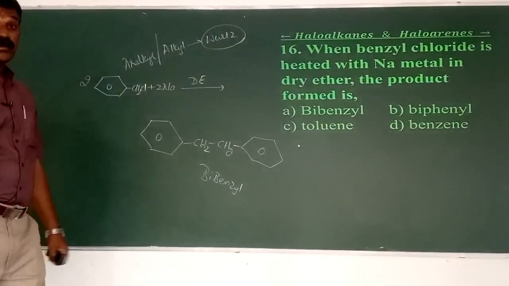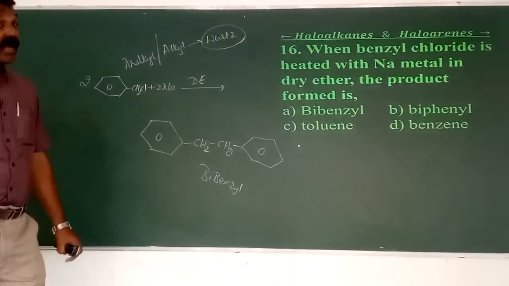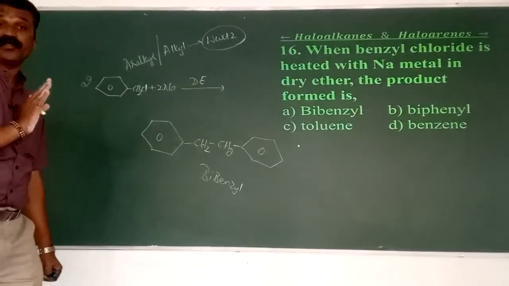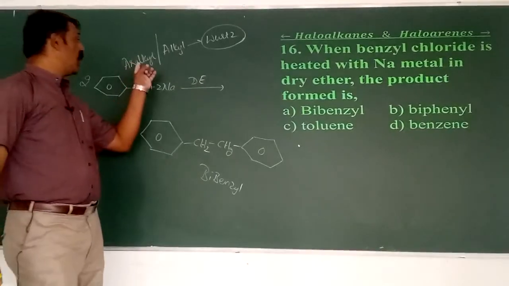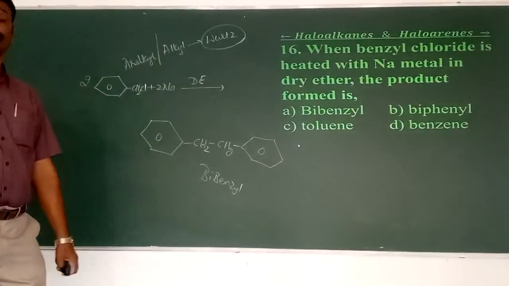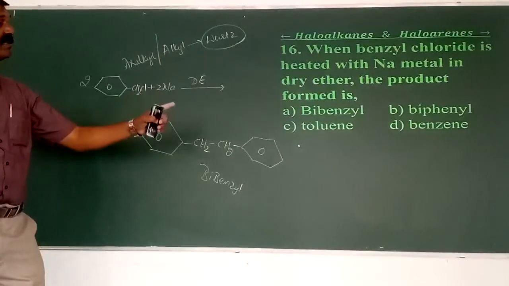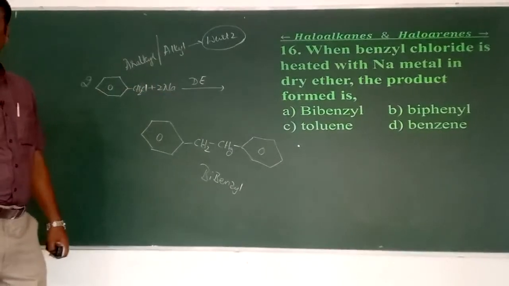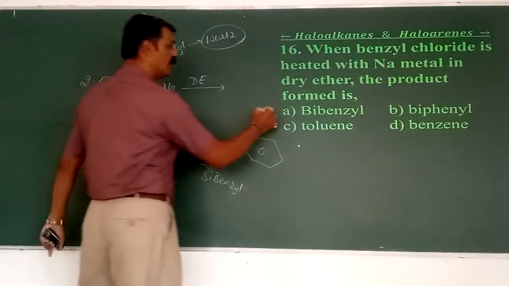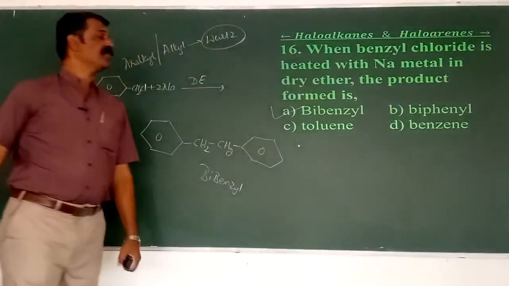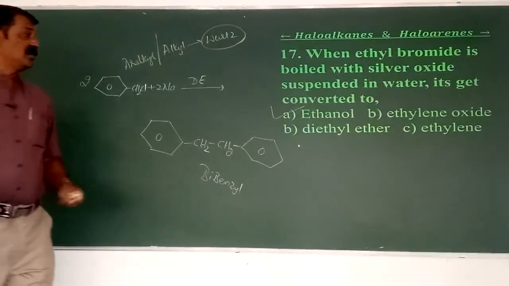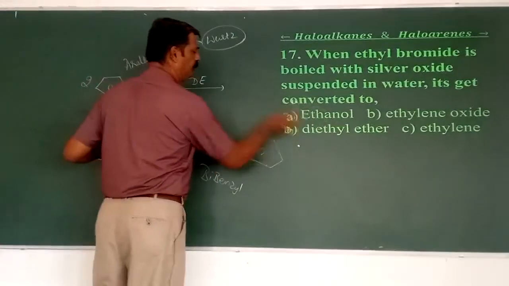Even though it is an aromatic halide, it is not aryl, meaning the halogen is not directly attached to the benzene nucleus, but to the side chain. That is why, as it is alkyl, it always undergoes the Wurtz reaction. So the formation of bibenzyl from benzyl chloride with sodium in dry ether is an example of the Wurtz reaction. Therefore, it is B. 16B. Let's have the 17th now.